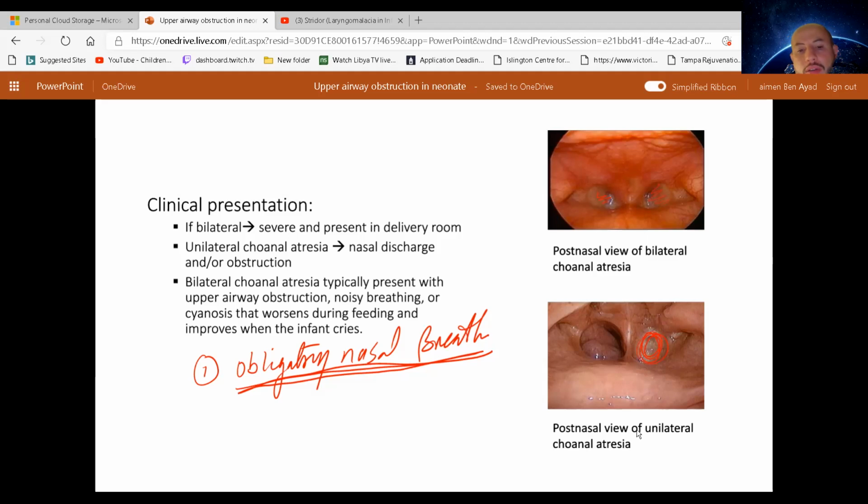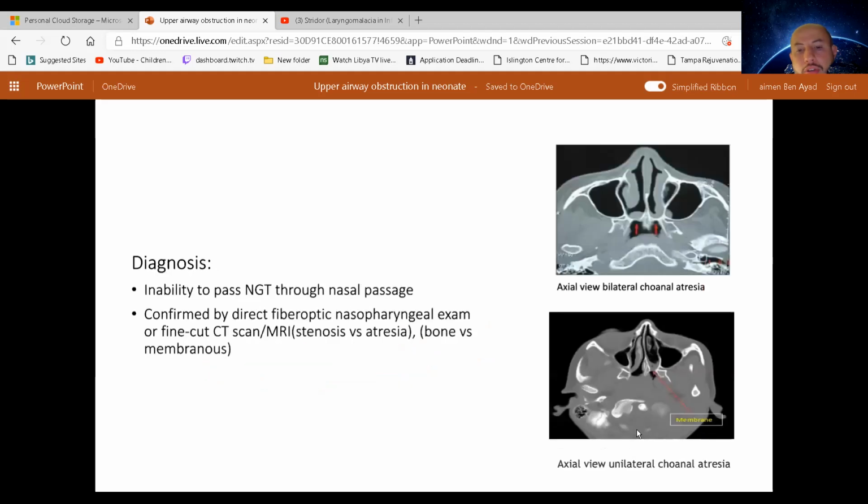How can I diagnose it? If I'm highly suspicious of choanal atresia, I have to ask for a feeding tube and try to pass the catheter through both nostrils. If I'm unable to pass the catheter, that's enough to diagnose. You can also request the ENT to come, especially in the unilateral condition where you are not 100% sure whether it's obstruction or stenosis.